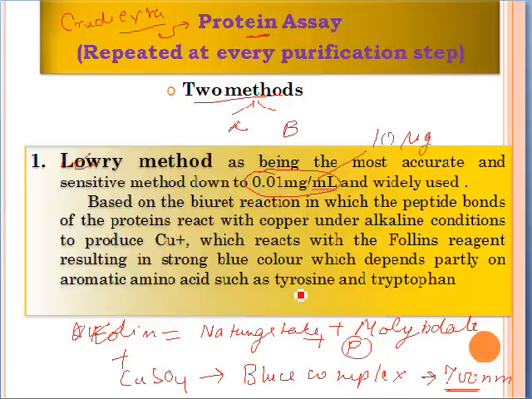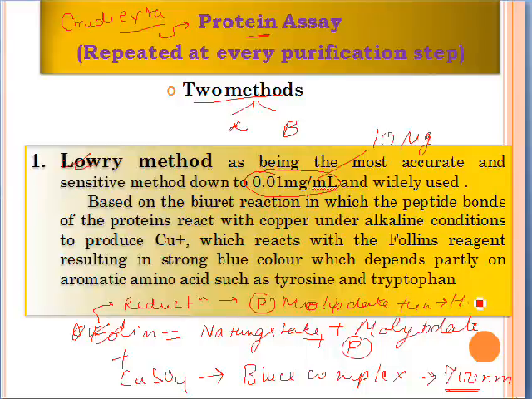This Folin reaction essentially involves the reduction of phosphomolybdotungstate to heteropolymolybdenum blue by copper-catalyzed oxidation of aromatic amino acids.